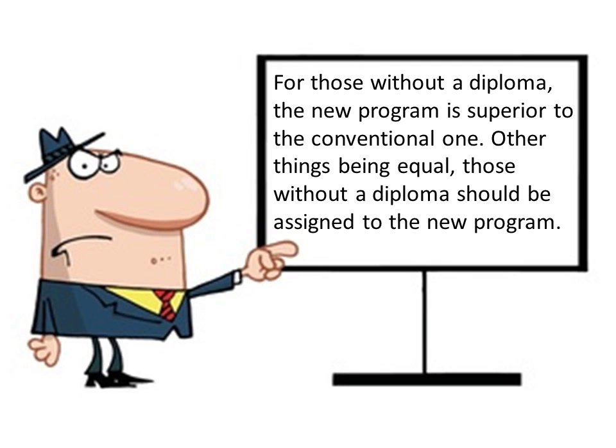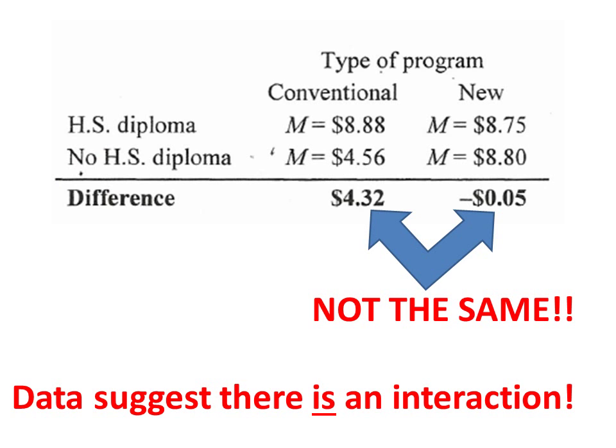And so we have to say there is an interaction between the two variables, and the interaction is between the type of program and whether the participants have a diploma. And so how well the two programs work really depends upon whether you have a high school diploma or not.